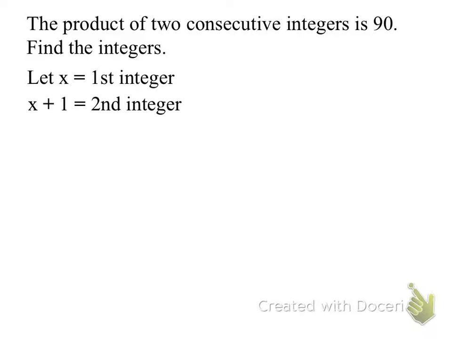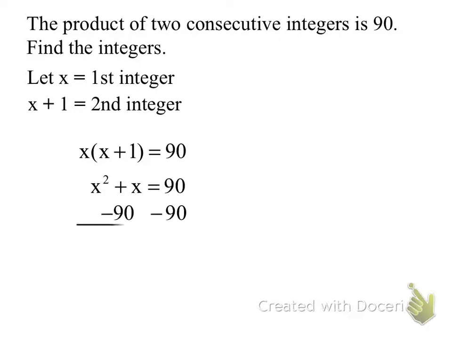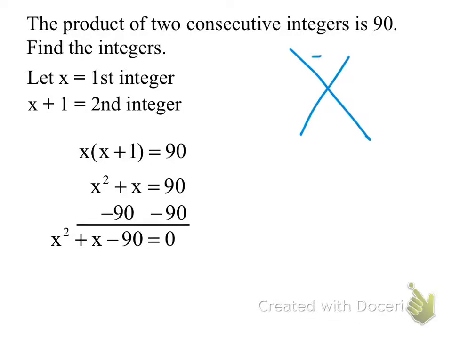Quantity of x times the quantity of x plus 1. Right, we're multiplying those quantities equals 90. Distribute it out, subtract the 90. I get x squared plus x minus 90. Factor it. What multiplies to negative 90 and adds to 1 is what, Urani? 10 and negative 9.